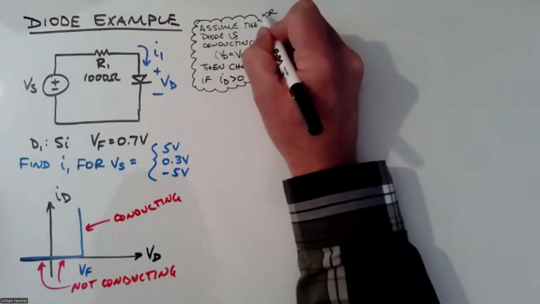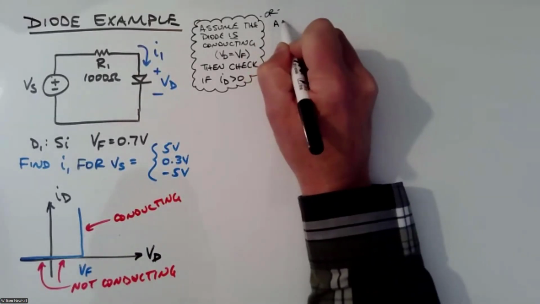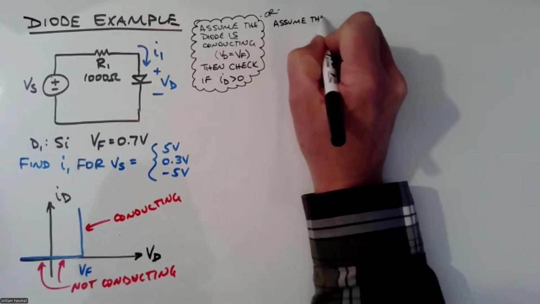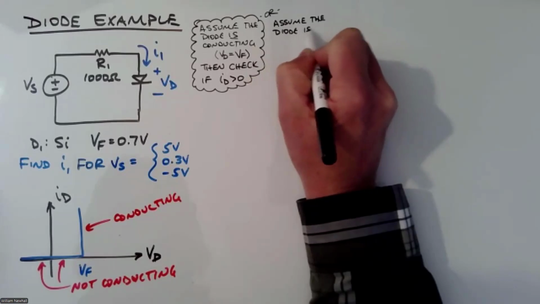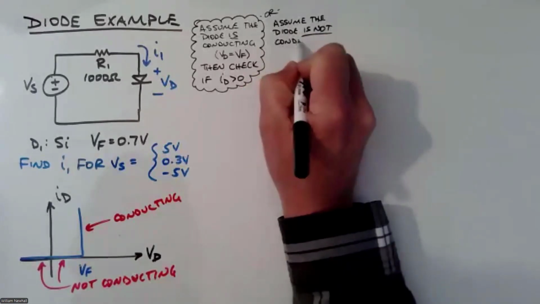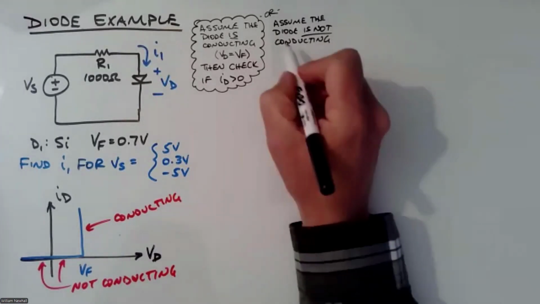Or we're going to make the other assumption, which is assume the diode is not conducting. And what does that mean?